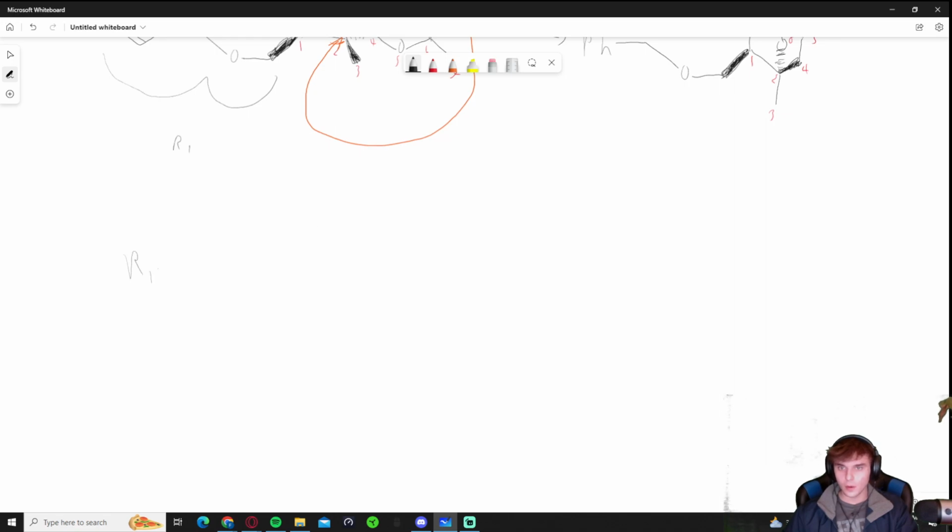We'll have R1, not double bonded, solid wedge bonded to this oxygen, dashed wedge to this hydrogen. Oh my gosh, I thought it was going to be good. Nope.